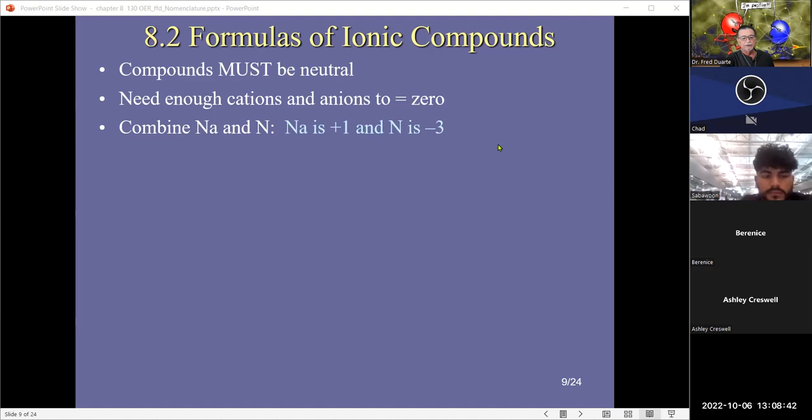And so here we talked about sodium. They're asking here to combine sodium with nitrogen. And this is a rehash to refresh what we did. First thing to do is to convert those elements into ions. So we need to convert the nitrogen and the sodium into their respective ions.